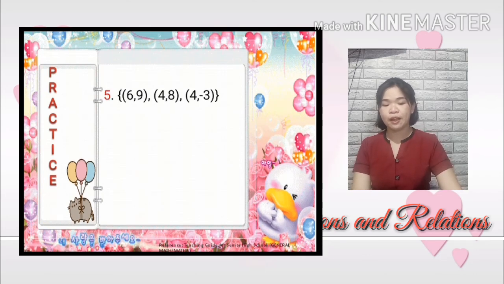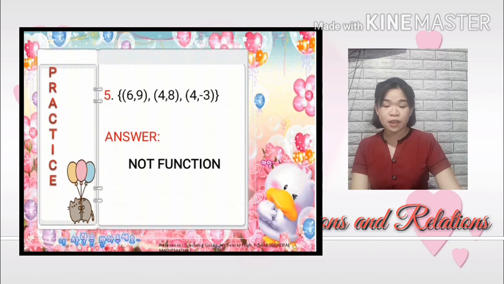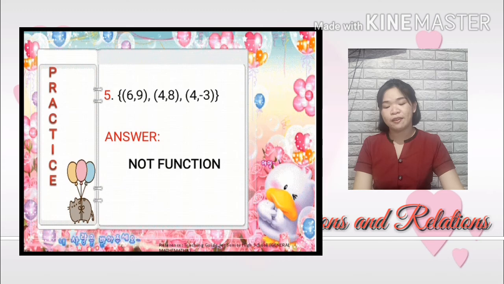Number 5. Set of (6, 9), (4, 8), (4, negative 3). Is this a function or not? This is not a function because in the domain, the 4 has been repeated. Therefore, this is not a function but a relation.